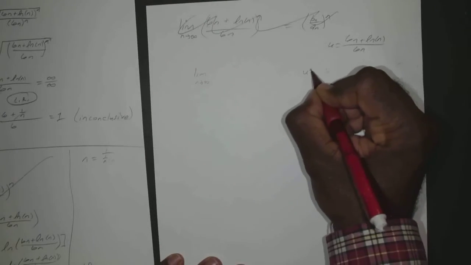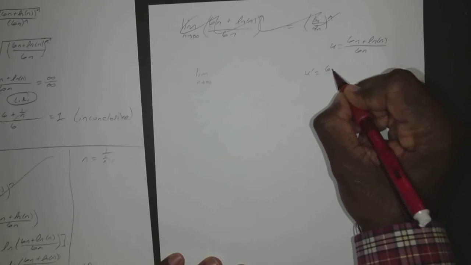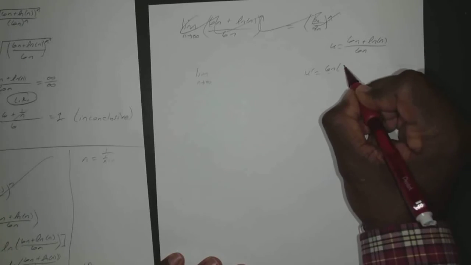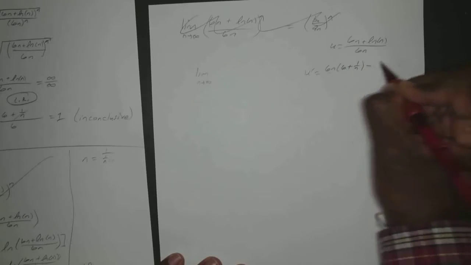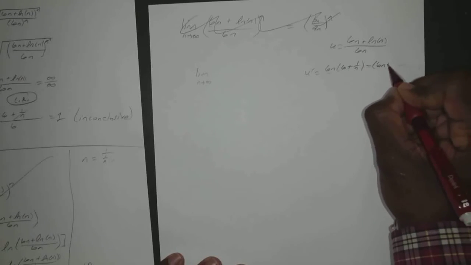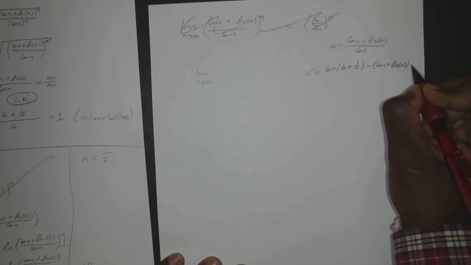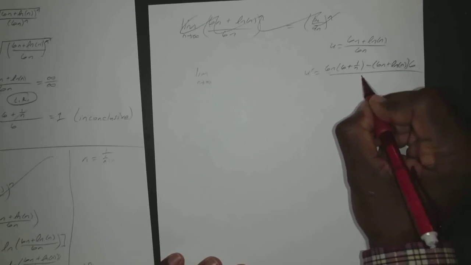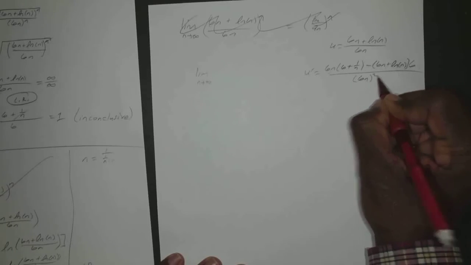There we go. u prime equals 6n times 6 plus 1 over n, minus 6n plus natural log of n, times 6, all over 6n squared.